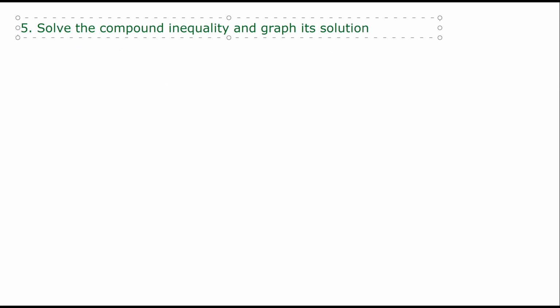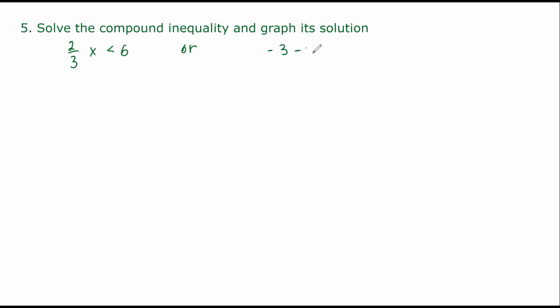Now those ones I will draw because one of them has a fraction. So here it comes. I have 2 over 3x less than 6. Then I have or negative 3 minus x less than negative 1.